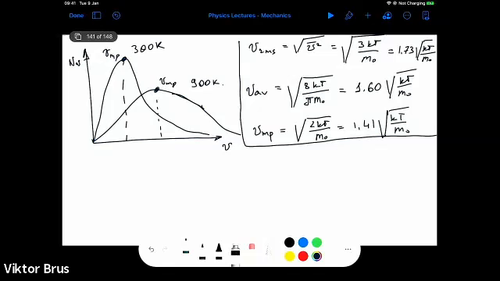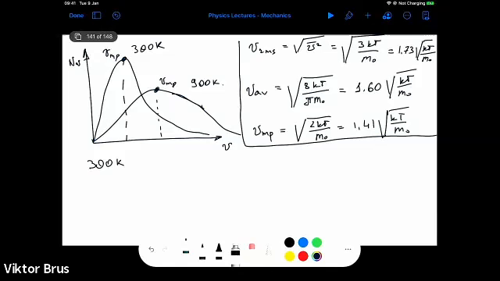So at some temperature, let's say 300 Kelvin, which is much lower than the boiling temperature, like room temperature, we still have a certain amount of molecules of water which possess enough kinetic energy to overcome the attraction of the bulk of the water and leave the surface of water.